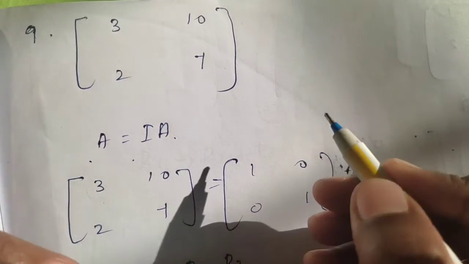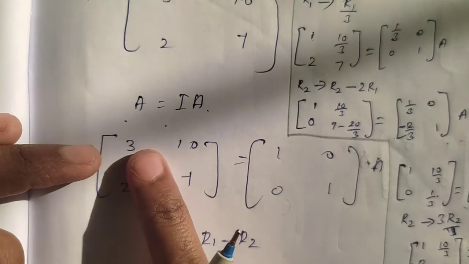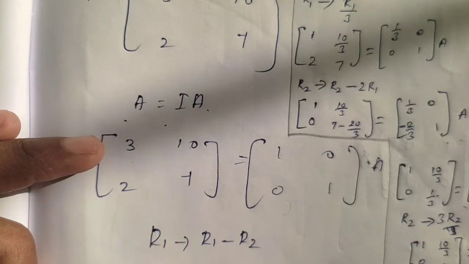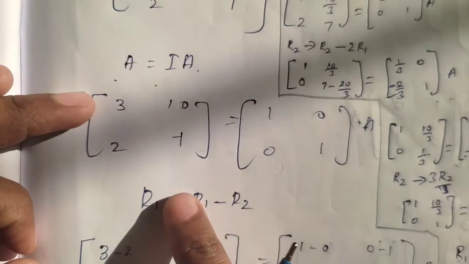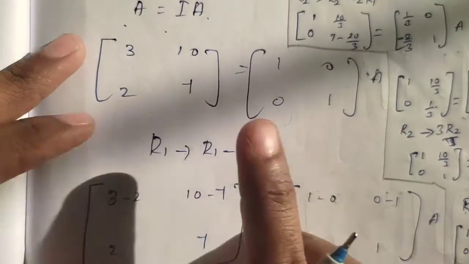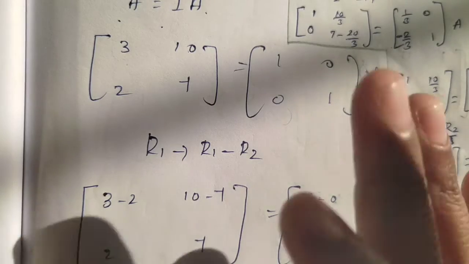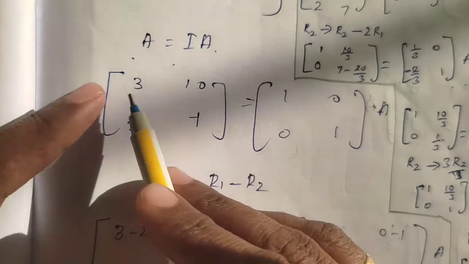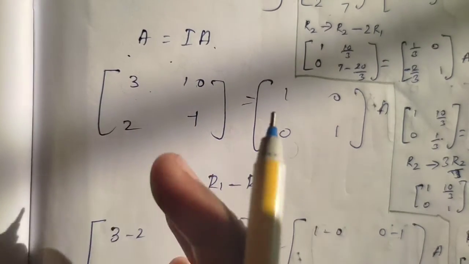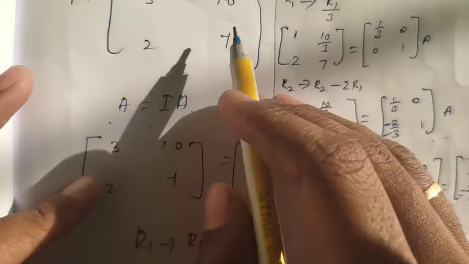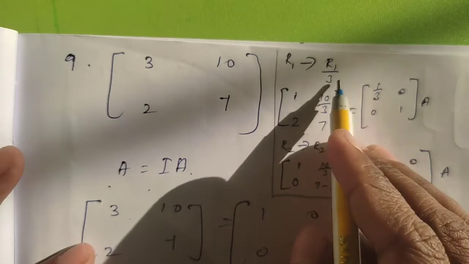You can also do it by subtracting 3 minus 2, that is R1 minus R2, and follow the steps, but I am going to follow the same method in all the problems, that is divide by itself without any help of another row, so that it will be convenient to follow in all matrices. So I am doing R1 tends to R1 by 3.